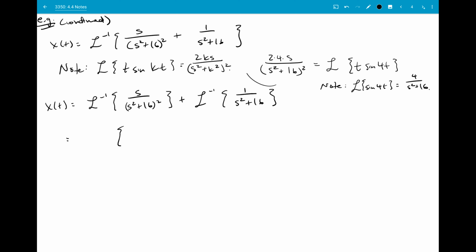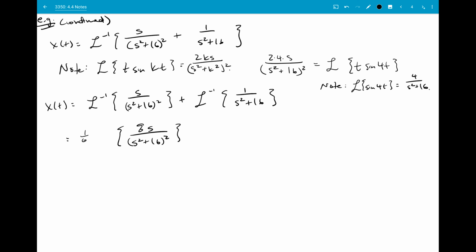So I want 8s over s squared plus 16 squared, which I know is the Laplace transform of t sine 4t. So I just divide by an 8 out front.